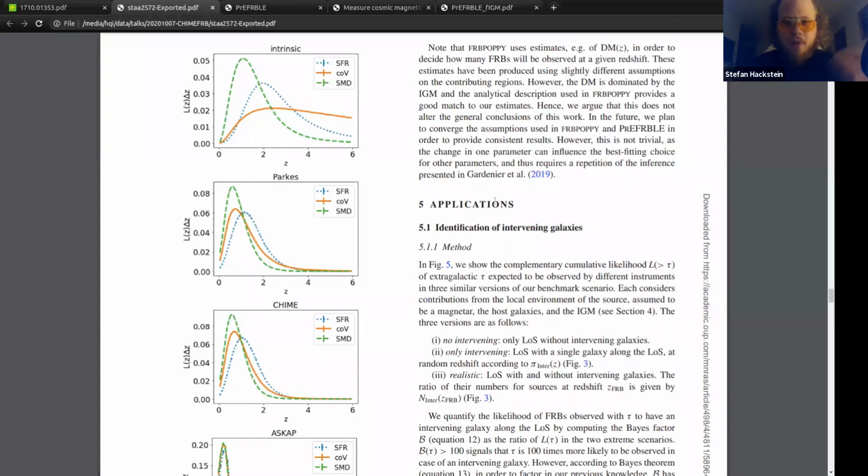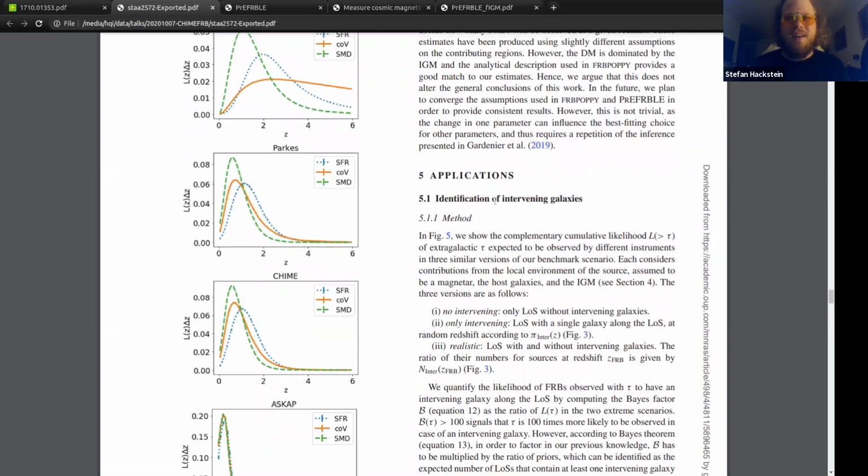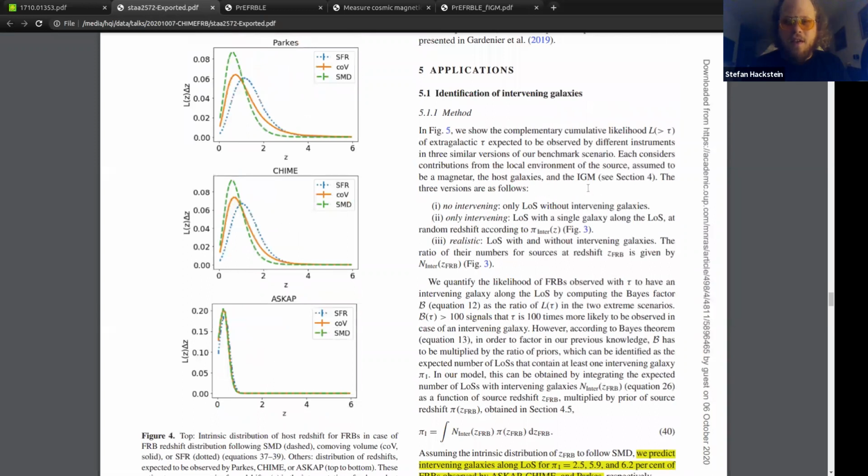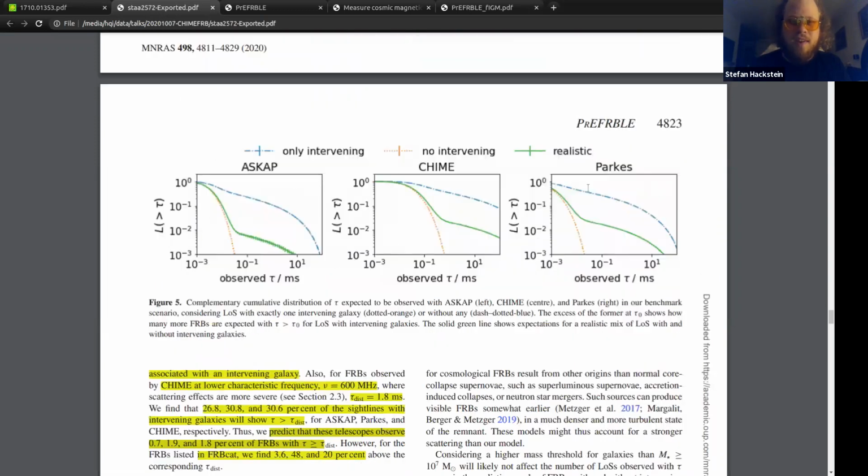So if there are no other questions, let's go to the applications. First, we want to identify lines of sight that have intervening galaxies, that have additional galaxies along the line of sight. For this, we are looking at the temporal broadening and want to see whether this can be a very simple tool to identify all of these lines of sight. We are looking at 3 different scenarios.